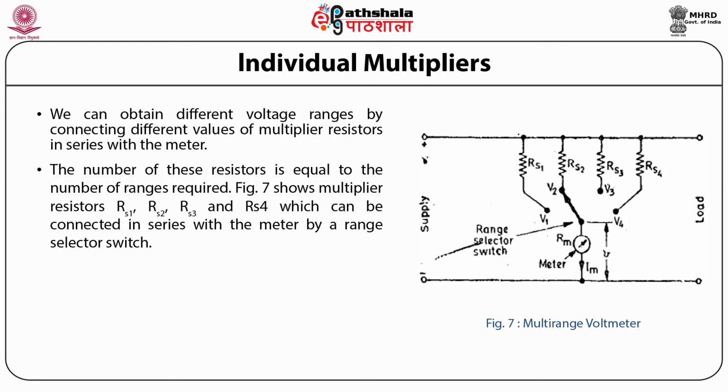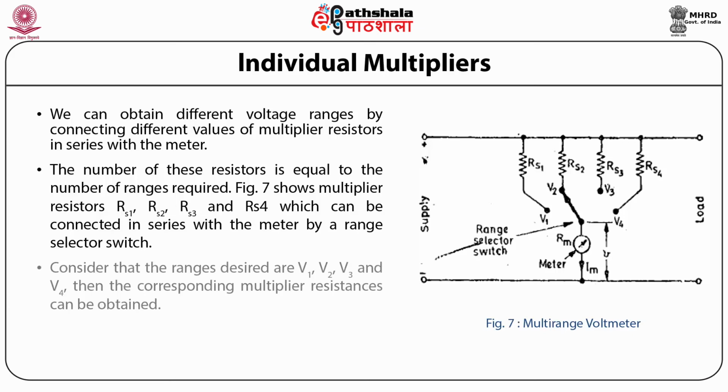Figure 7 shows multiplier resistors Rs1, Rs2, Rs3 and Rs4, which can be connected in series with the meter by a range selector switch. Consider that the ranges desired are V1, V2, V3 and V4. Then the corresponding multiplier resistances can be obtained.